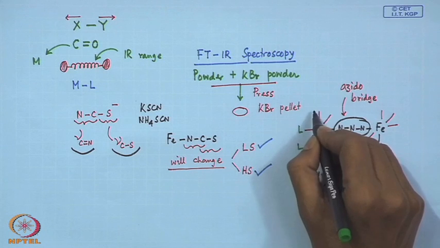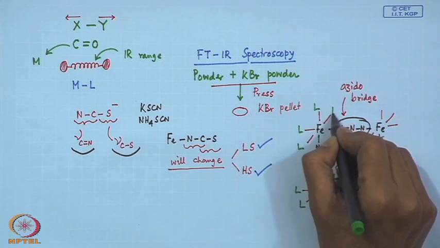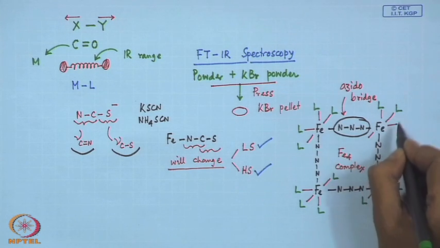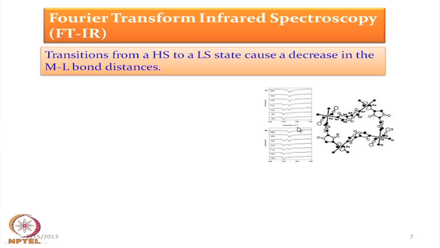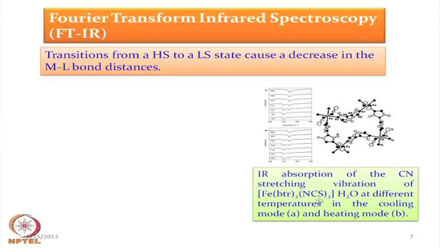All different monodentate ligands can be placed over there, giving rise to a very nice Fe4 complex. So, that is the situation over here, and if we monitor the corresponding signal for the high spin and low spin compound, there will be a change from a high spin to a low spin situation.